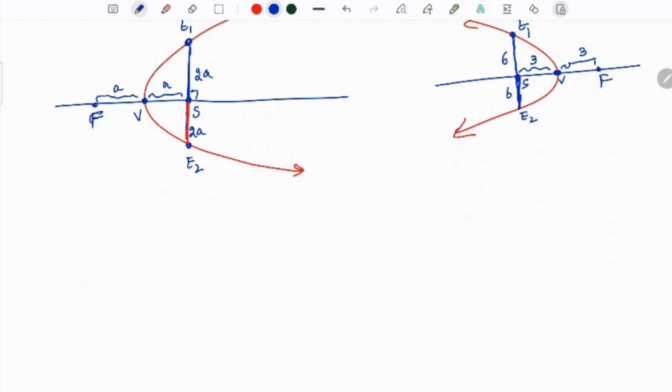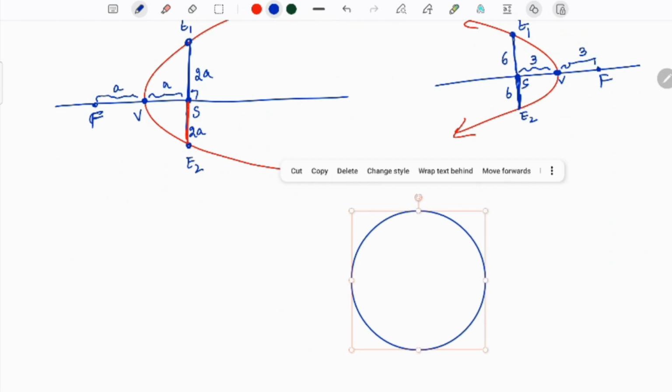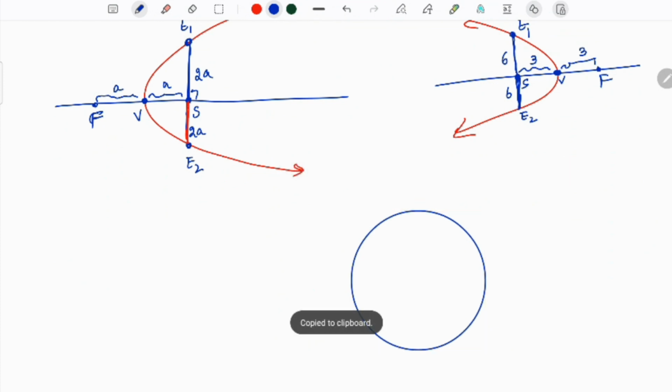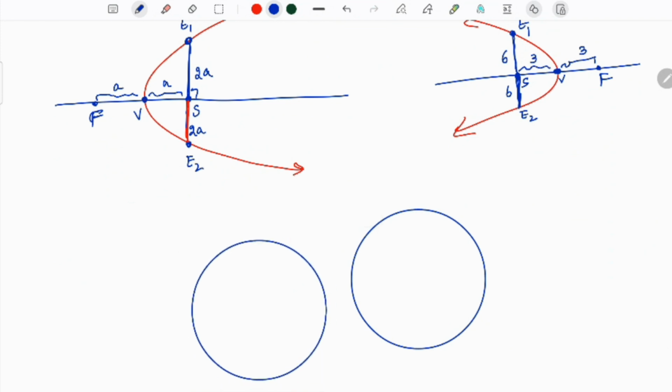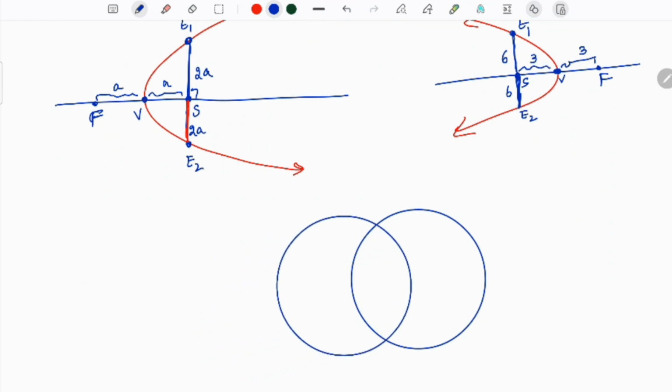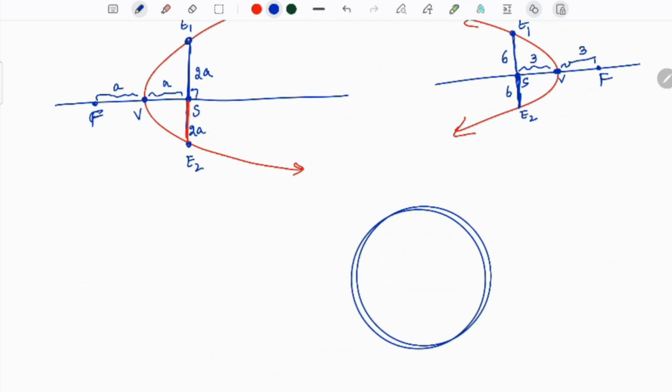So let me do one thing. This is one circle. Copy, paste. This is another circle. Now I'm saying these two circles are equal because I can move one circle and make it coincide exactly with the other circle like this.